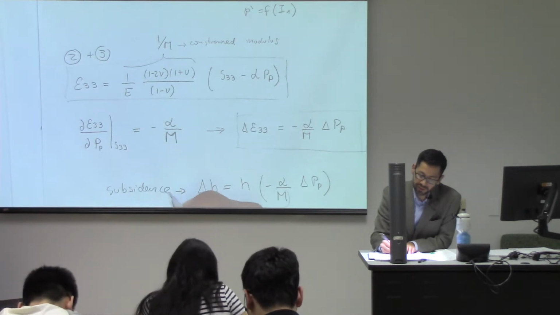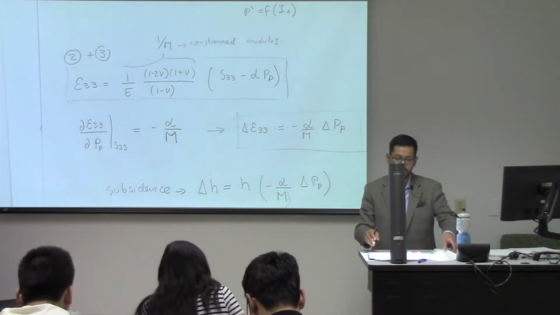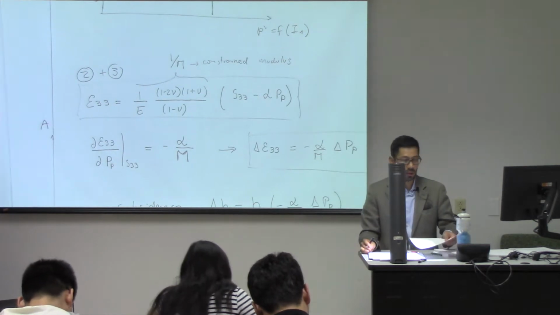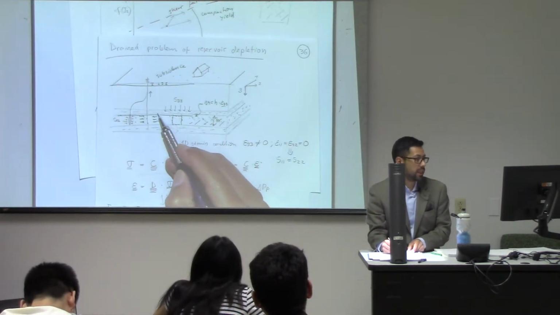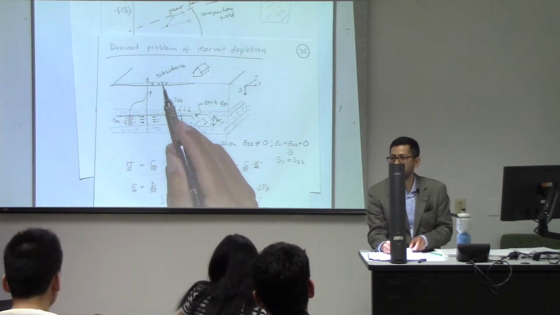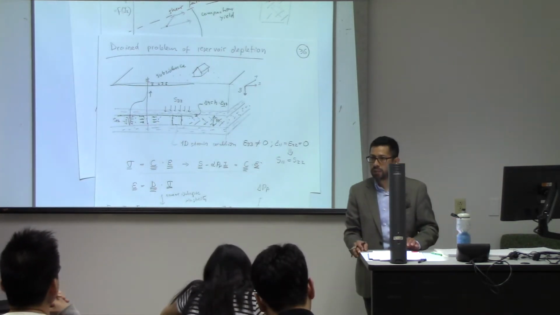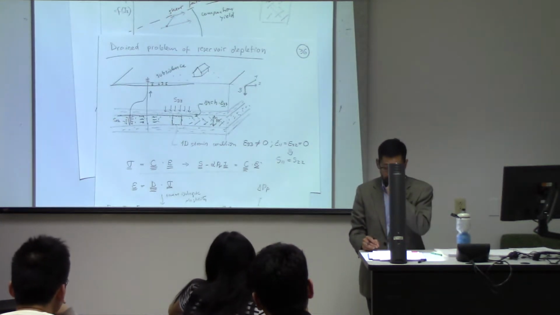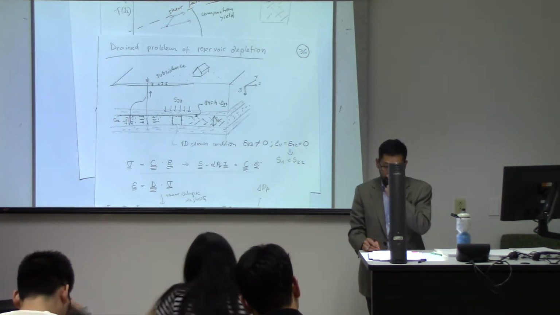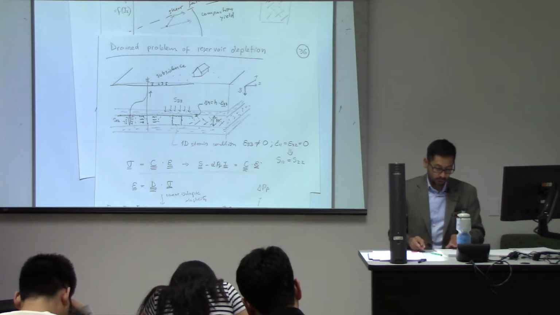I'm assuming in this very simple model that the subsidence is going to be the same in here as over there, which is not exactly true, right? But if it's shallow, it's going to be very close to that value. All right.